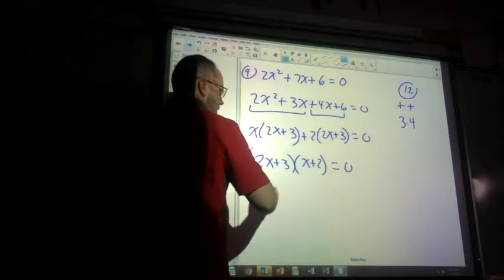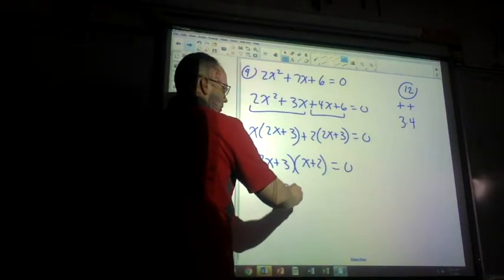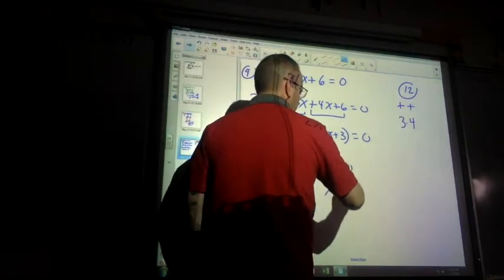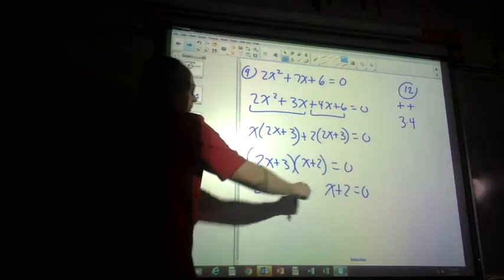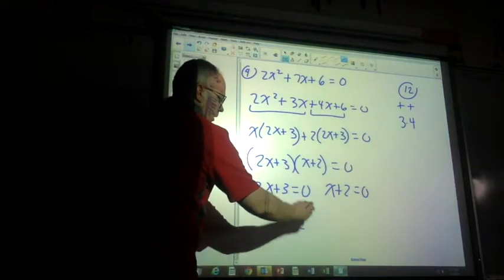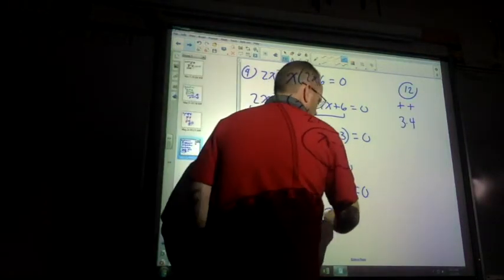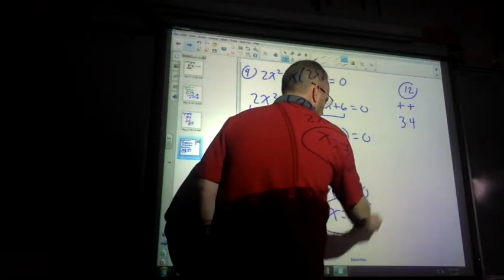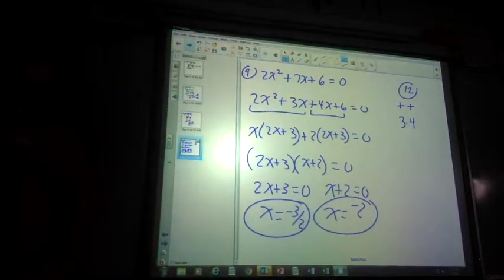Set both those equal to 0. Subtract 3, divide by 2. There's one answer. Subtract 2. There's my other answer. If I had used the quadratic formula on it, my answers would be the exact same. But sometimes it might be faster to go through if you can see it factored quickly. Agree?